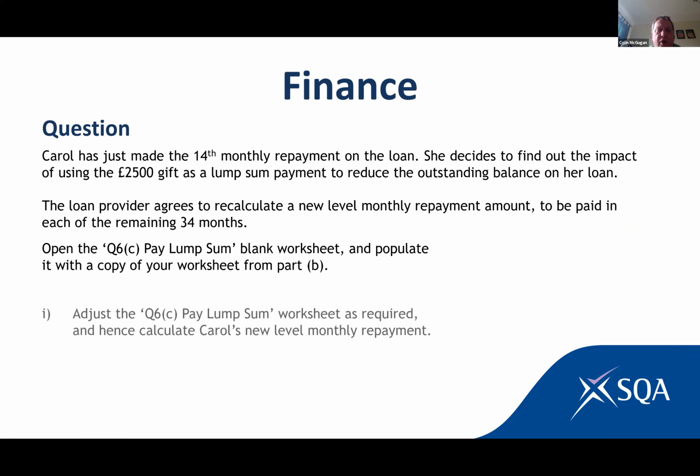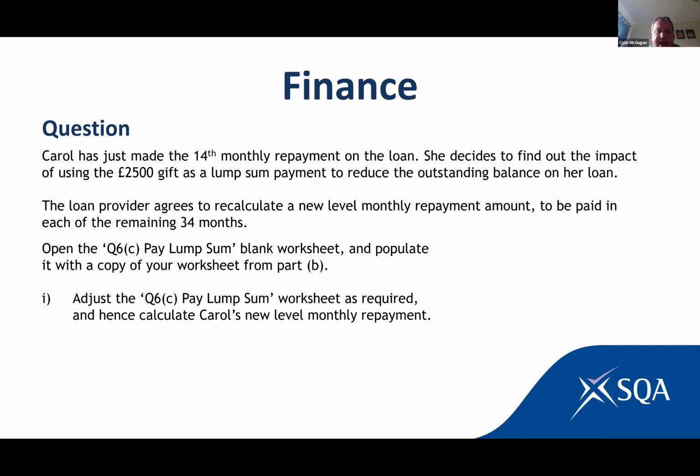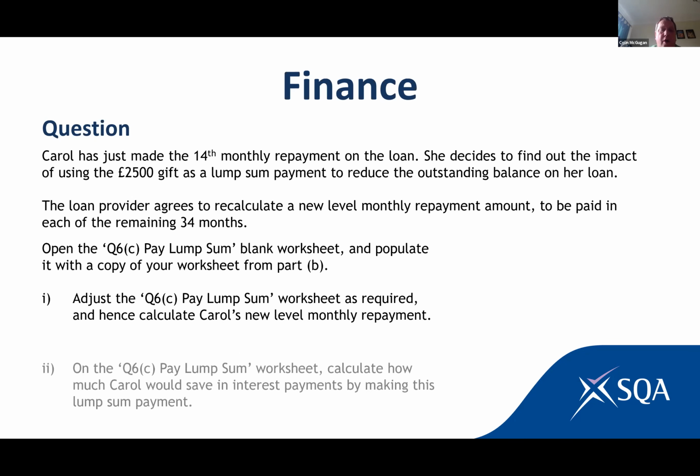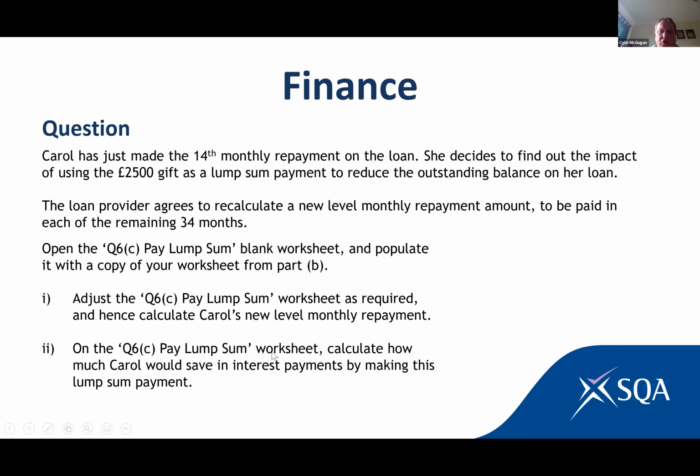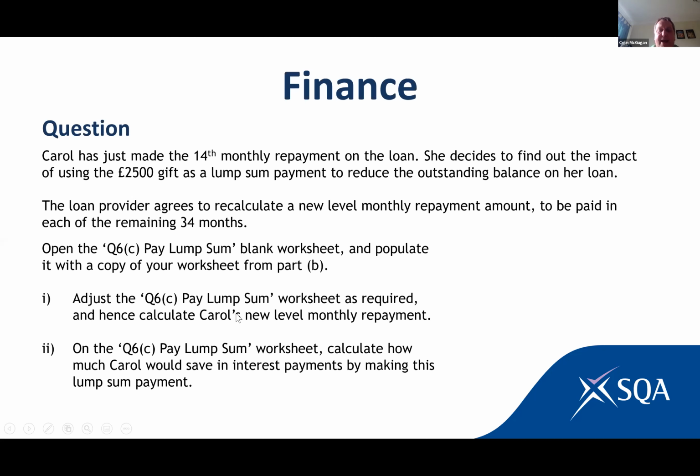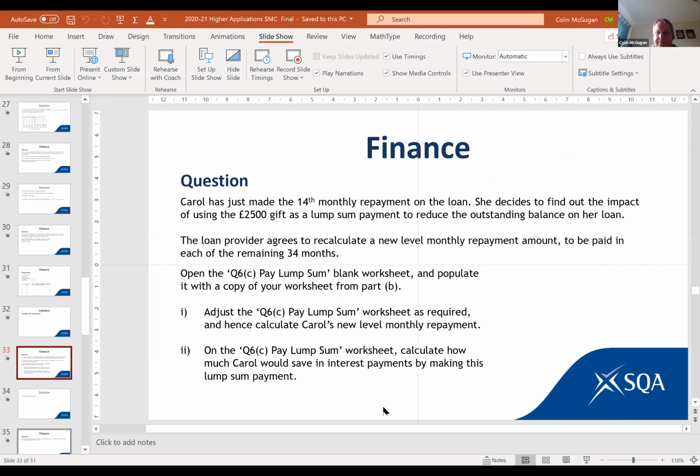So now we have to open up another spreadsheet and calculate our new monthly repayment. We've also got to work out how much she would save in interest by making this lump sum payment. So I'll go back to my spreadsheet again, and I'll share that.